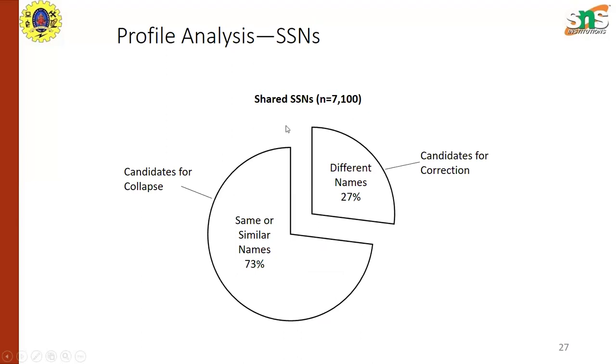And these are the shared SSNs of n equal to 7,100. In this, if there are different names, it is identified in two methods: different names, and same or similar names. Based on this matrix, it is categorized.